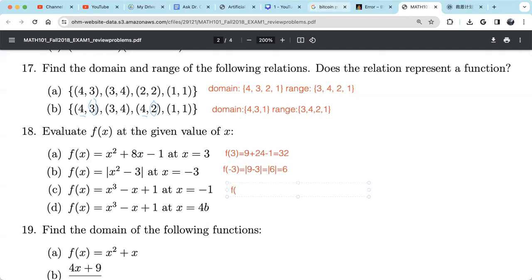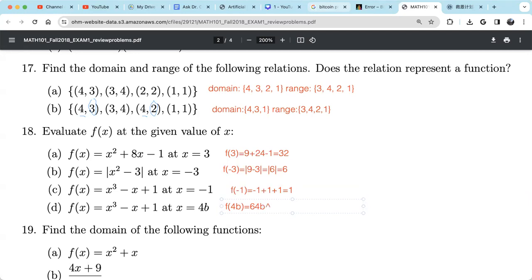This is C. We want to evaluate at negative 1. Negative 1 raised by 3 is still negative 1. And the negative of negative 1 becomes positive 1. Then plus 1. So that equals 1. For x equals 4b, 4b raised by 3. 4 raised by 3 is 64, because 4 times 4 is 16, and 16 times 4 is 64.